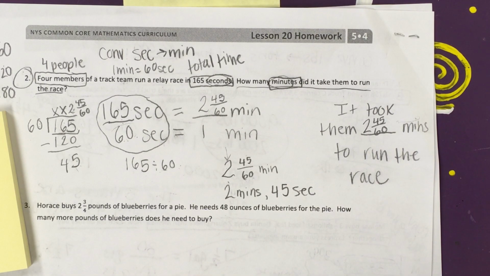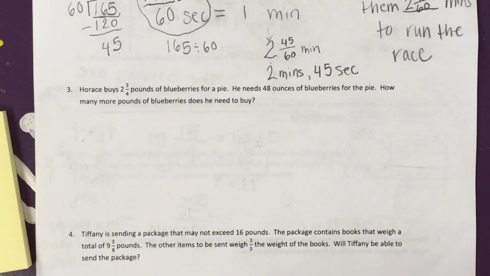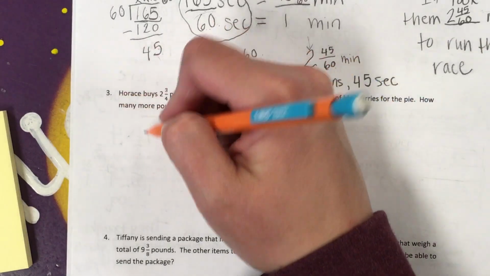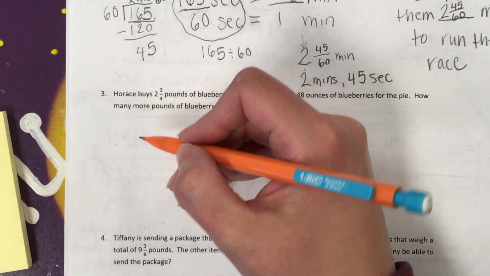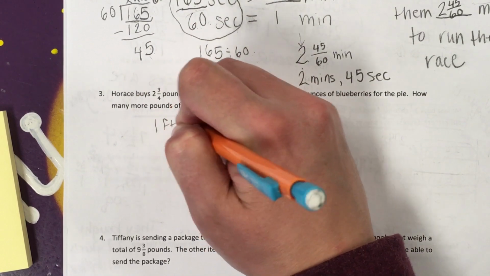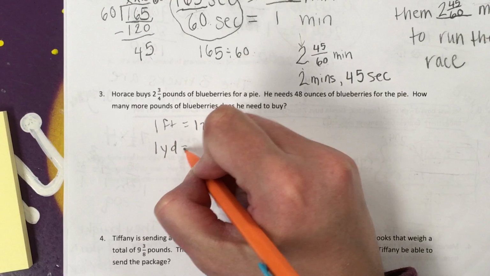And if you want to try more problems, or if you want to make some flashcards with some equivalencies, you can. Things that we should know right now, I'm just going to make a list right here. We should know that 1 foot equals 12 inches. 1 yard equals 3 feet.